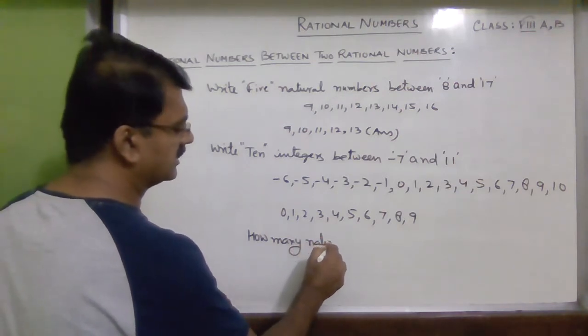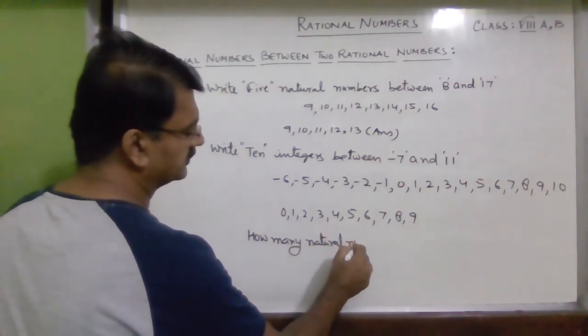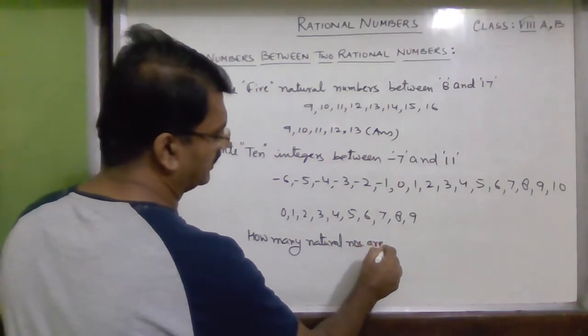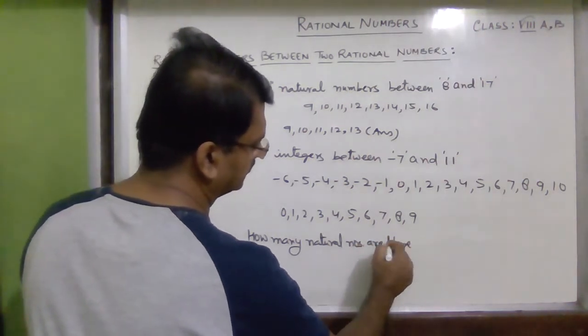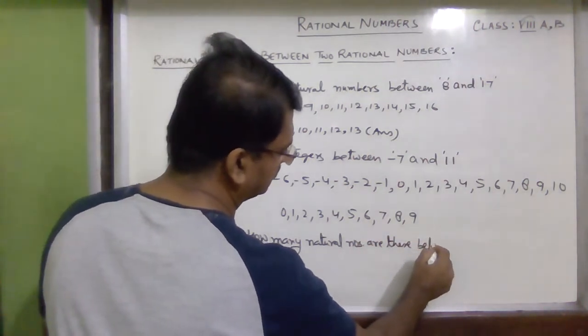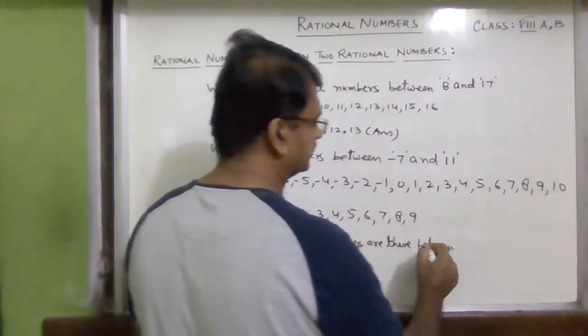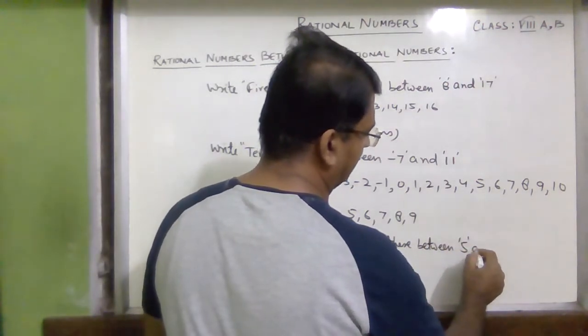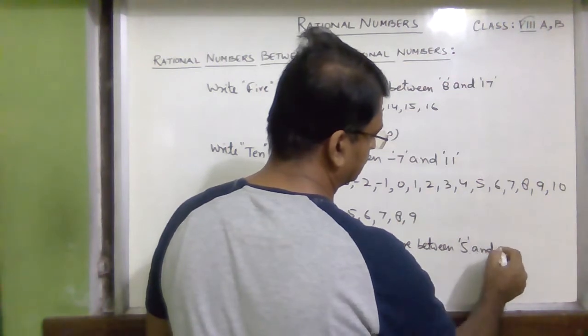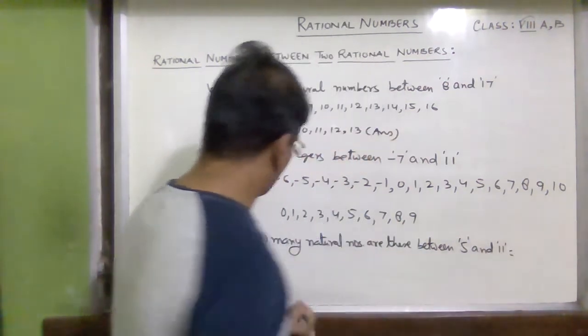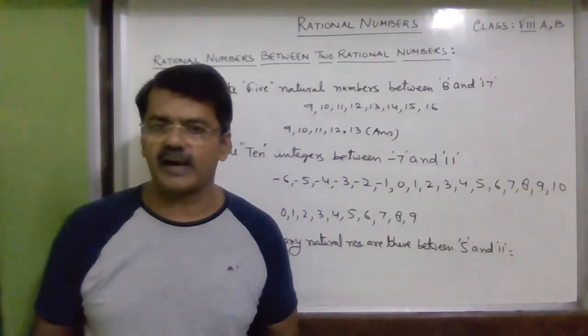Now the thing is, how many natural numbers are there between 5 and 11?